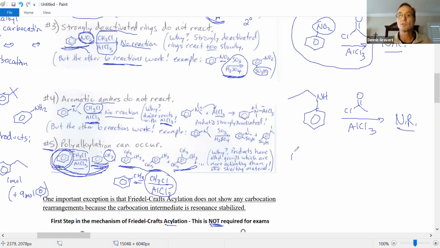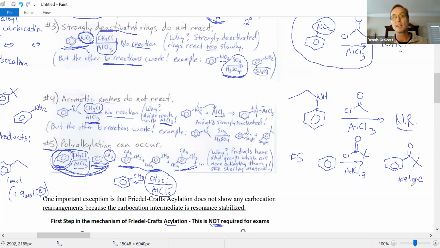Polyalkylation, no, there's no number 5 here. Why not? Well, what's the product of acylation? So I'm going to use this acid chloride with the tert-butyl group on it. So you get benzene, and the point of connection where the halide is, that's where the group connects to the benzene ring. That's a ketone.